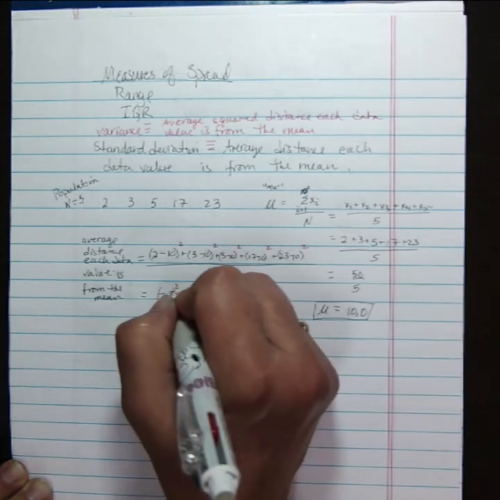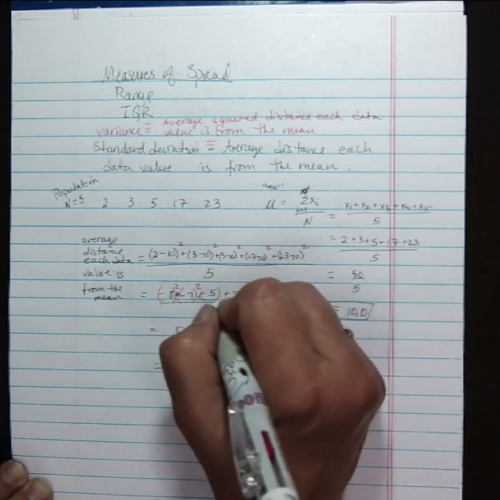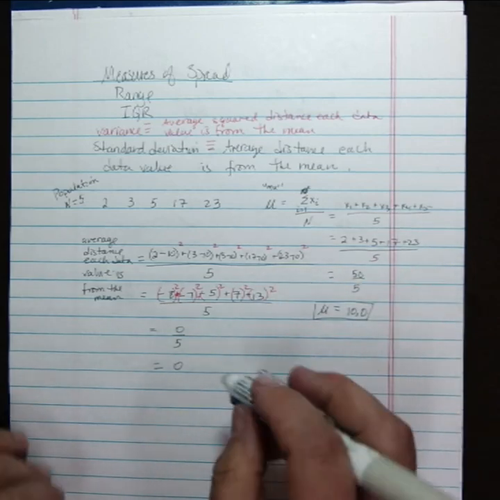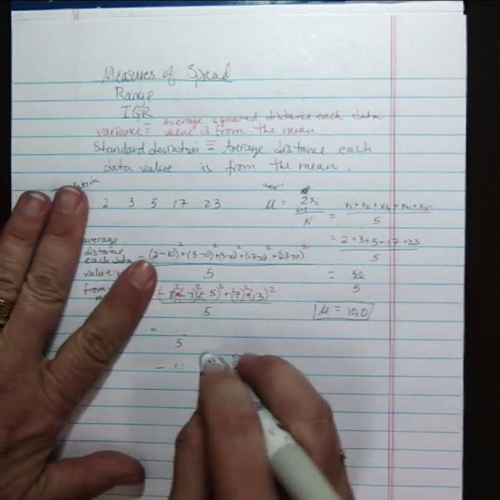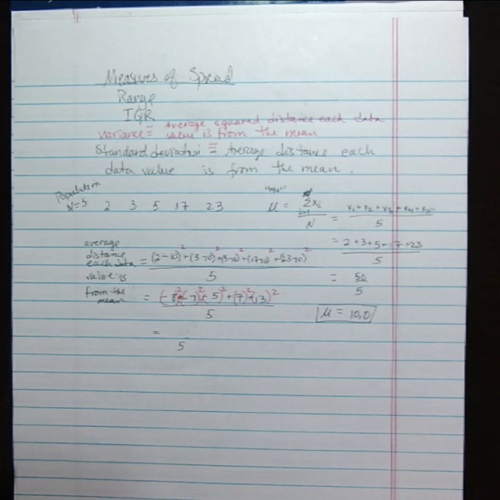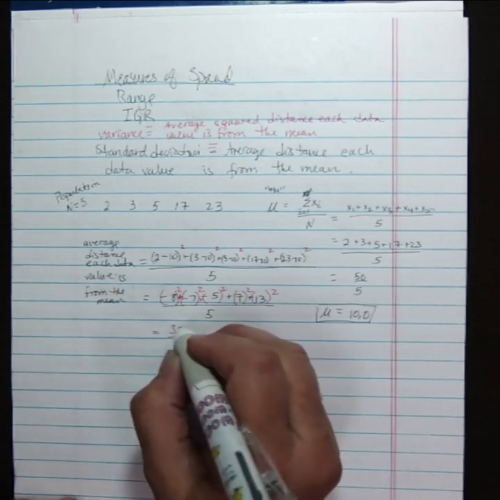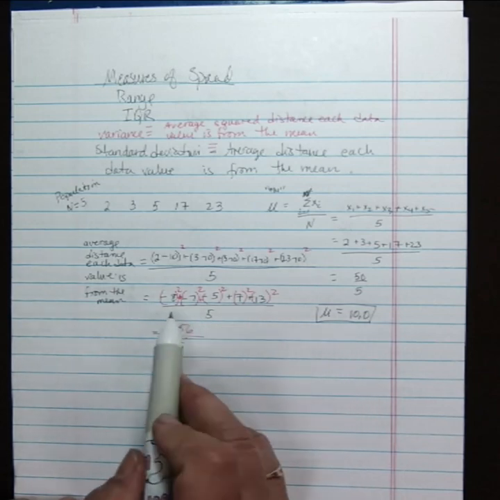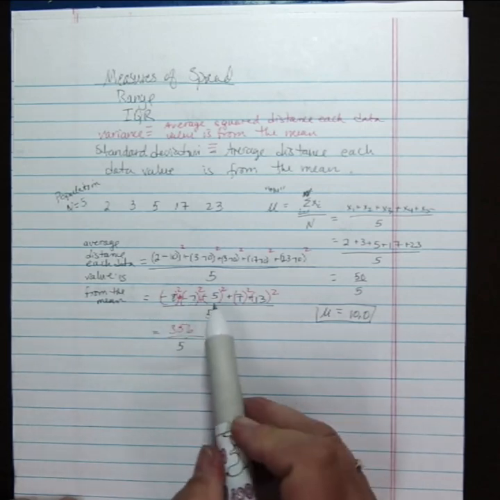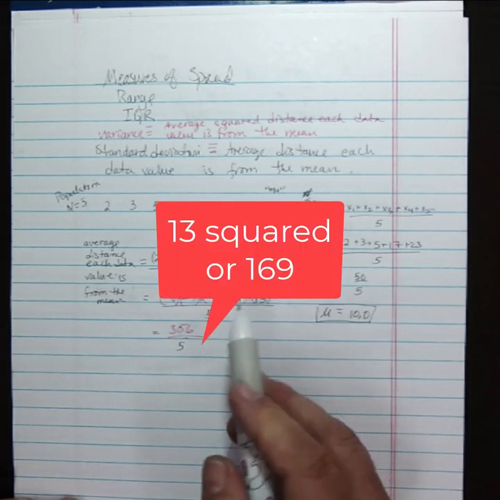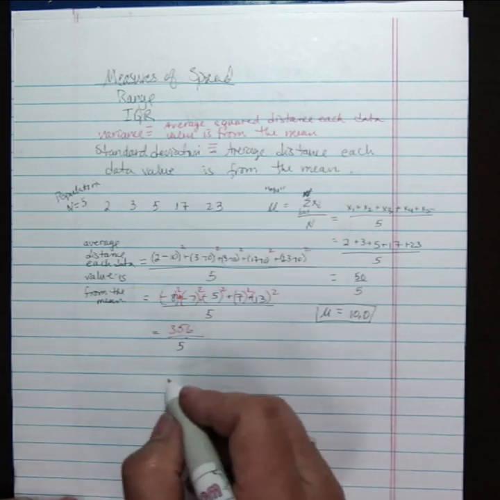So that would be negative 8 squared, negative 7 squared, plus negative 5 squared, plus 7 squared, plus 13 squared. And now this is going to give me a whole different answer. It's going to give me 64 plus 49 plus 25 plus 49 plus 169. And then I have to divide that by 5.